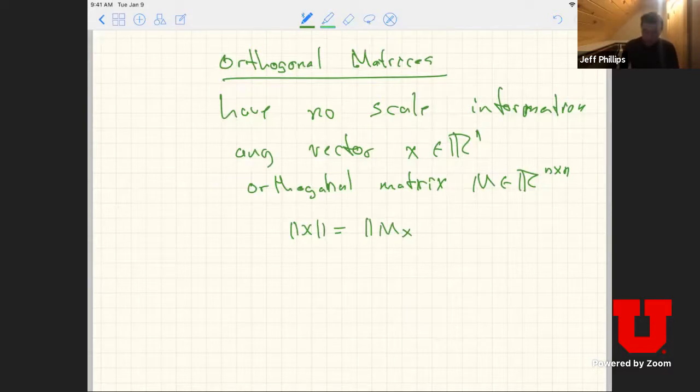Okay, so if I multiply x by an orthogonal matrix, I'm not changing the norm. I'm not changing the scale of x. The resulting vector I get, let's call this a vector y, is going to have the same length as I had before. It doesn't change the scale.